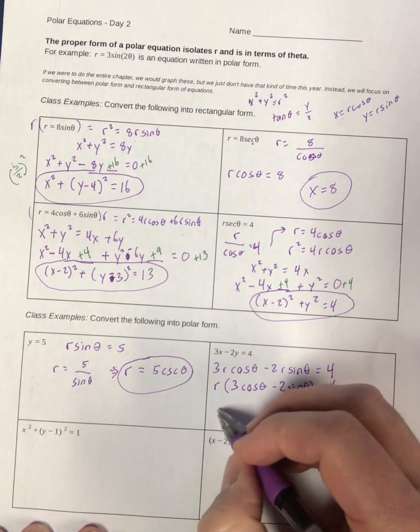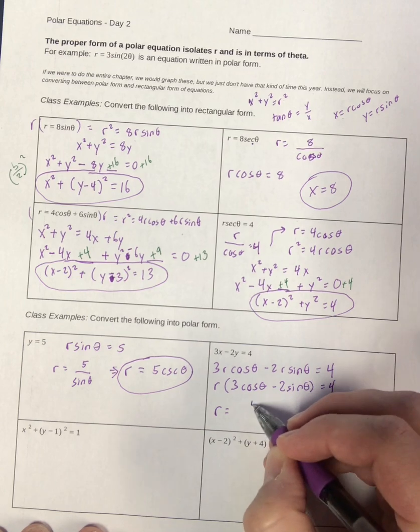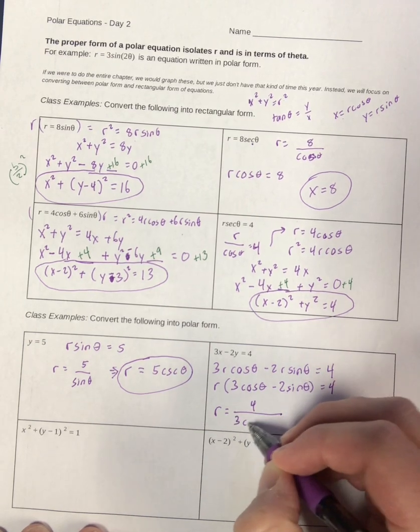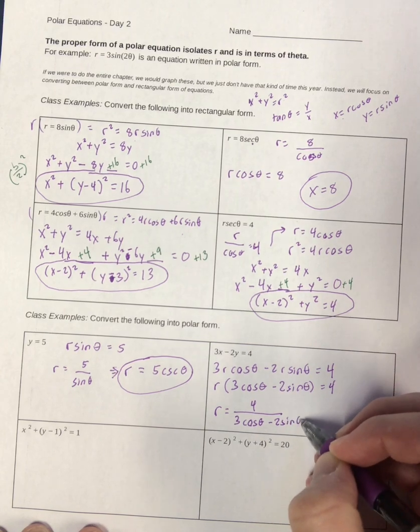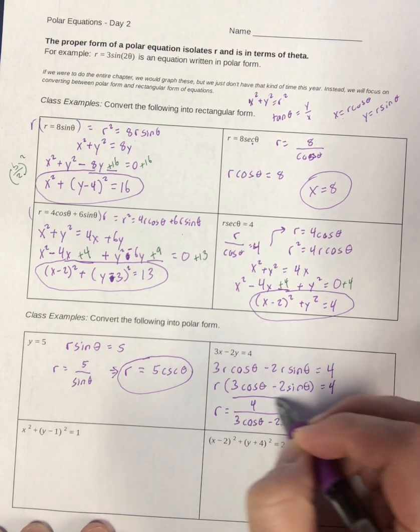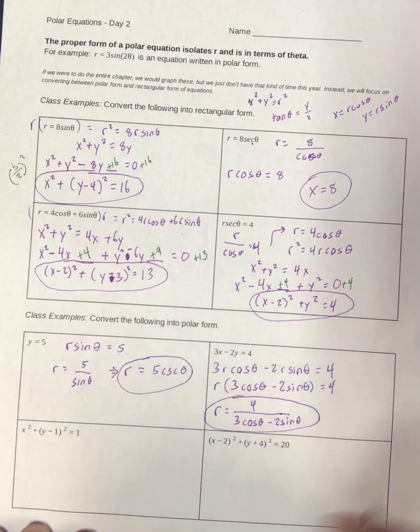And I'm going to divide by that whole thing. This time, because that denominator is a little bit more complicated, it is not easy to get that out of the denominator, so I'm just going to leave it just like that.